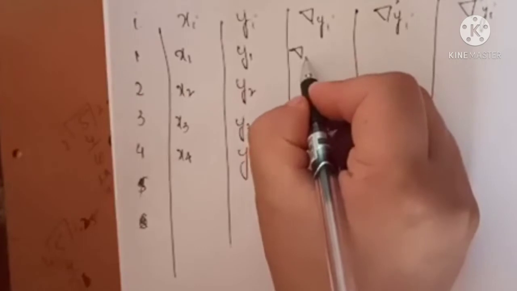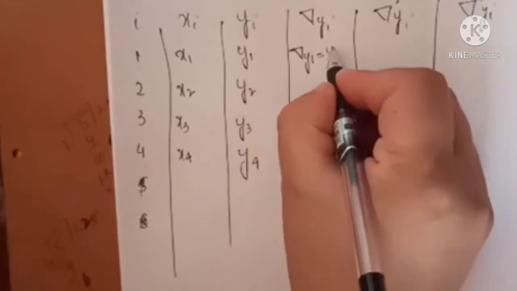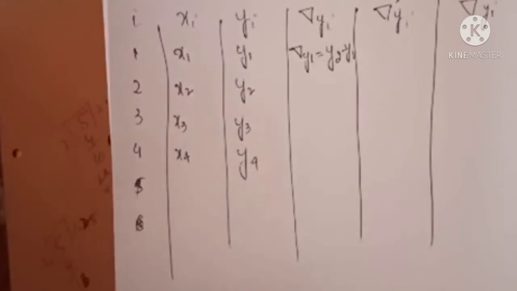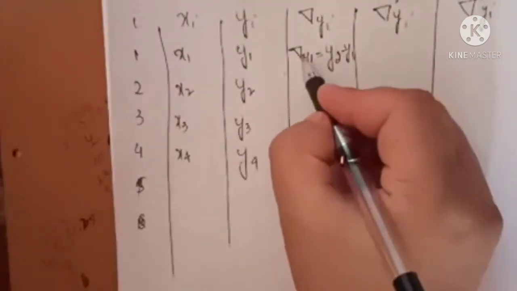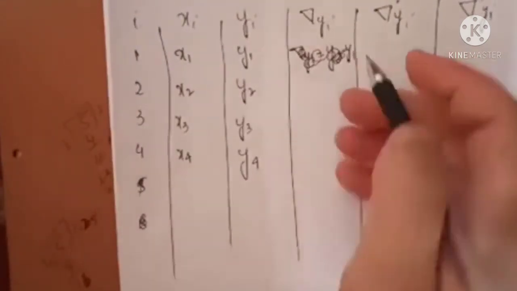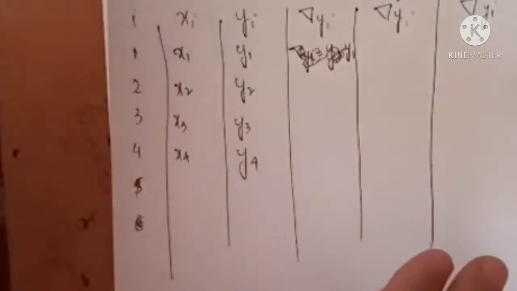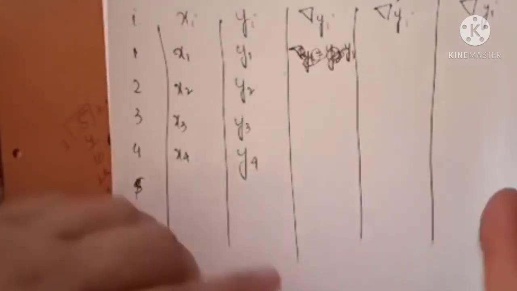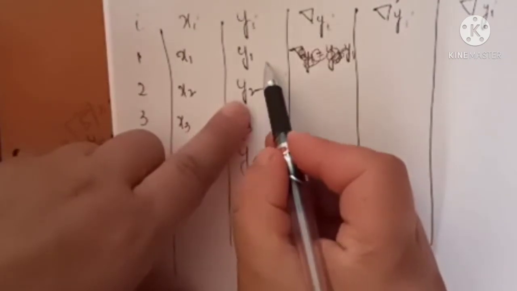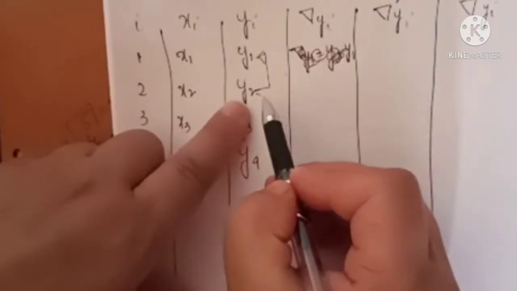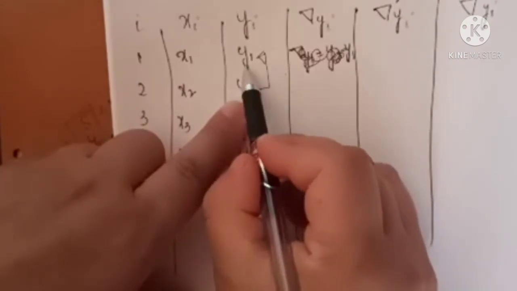So here delta y1 will be equal to y2 minus y1. But as I told you, there is a difference in the construction of the table, so we don't write it like this. We construct the table in the lower half. Whenever we perform the difference between these two, it will be represented in the second point, not in the first point.